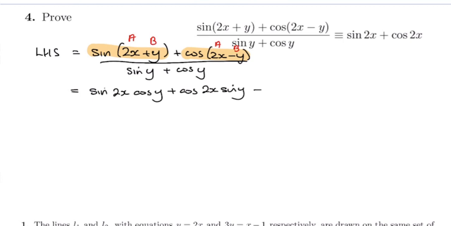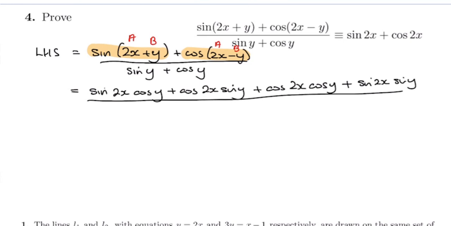And then the second one we're going to expand, so this is cos of 2x cos y plus, because don't forget for the cos the signs are opposite, it will be sine of 2x sine of y, all over sine y plus cos y.